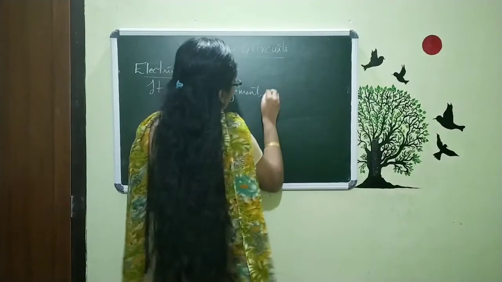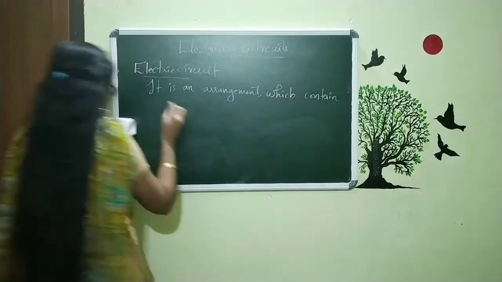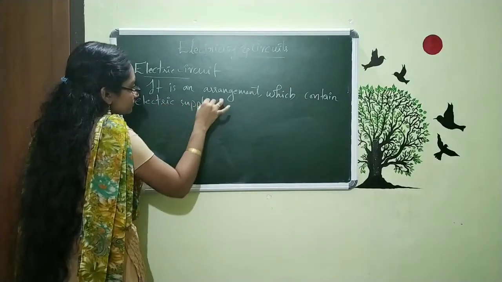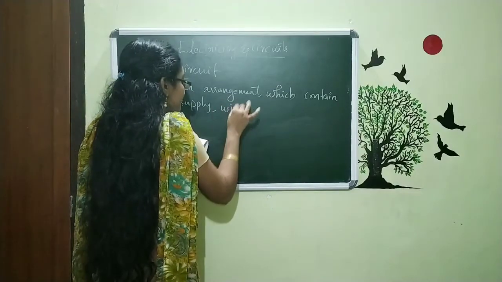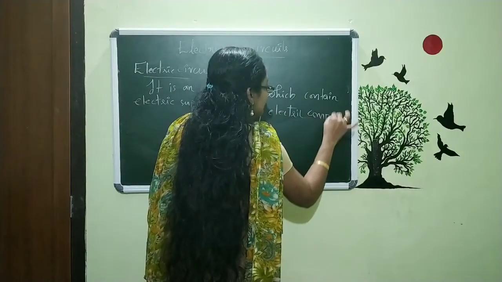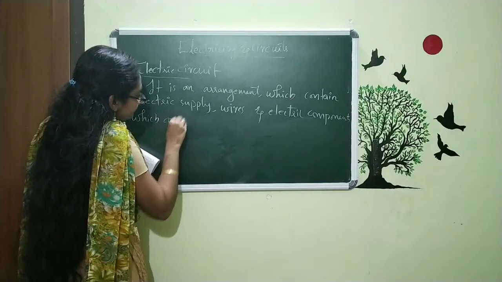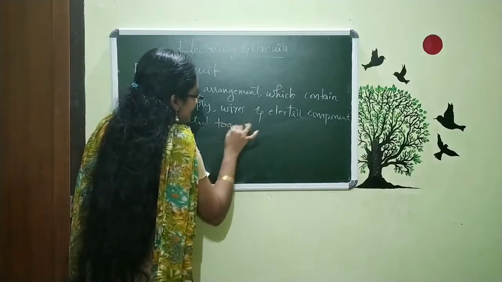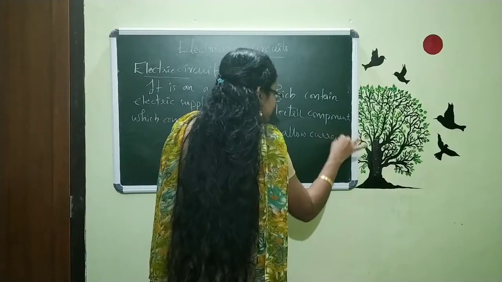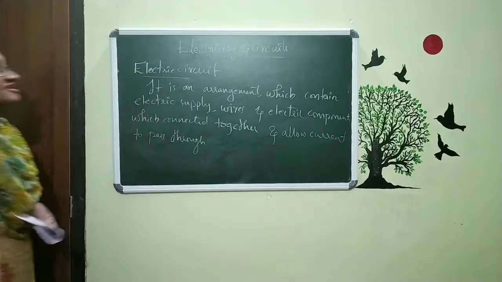It is an arrangement which contains electric supply, wires and electric components which are connected together and allow current to pass through. So this is the definition for our electric circuit.